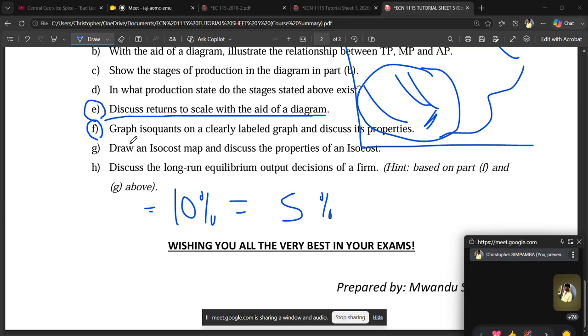Right. Thanks. Then question F is saying graph isoquants on a clearly labeled diagram and discuss its properties.